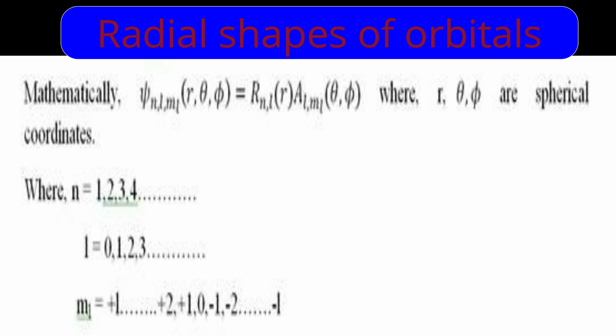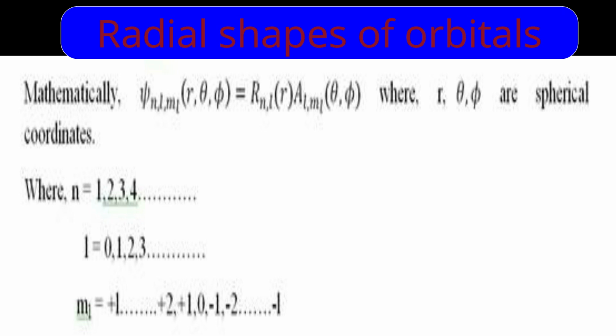It is found that the wave function psi in spherical coordinates has two parts: radial and angular. The radial part is useful to describe the first two quantum numbers, n and l, and the angular part describes the second and third.